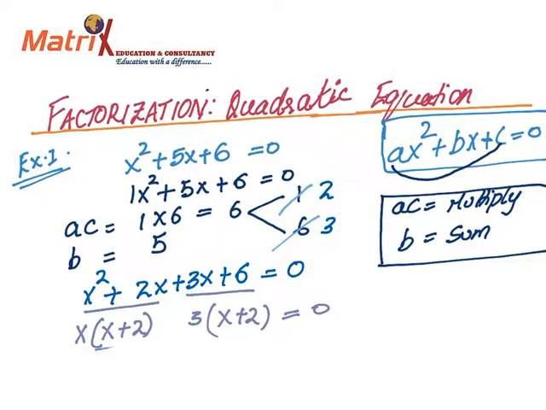Now, what is the next step? Now this 3 is positive. It doesn't have a negative sign. So I'm going to write x plus 3 and x plus 2 equal to 0. And my factors are x plus 3 times x plus 2 equal to 0.